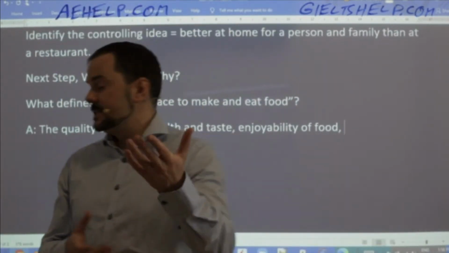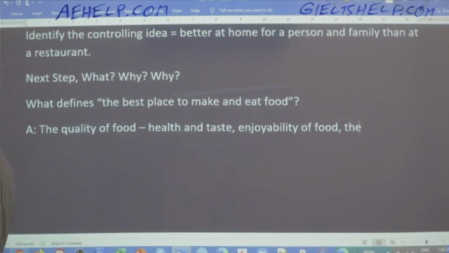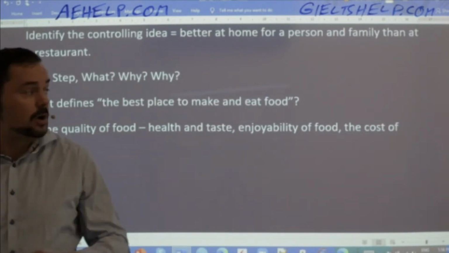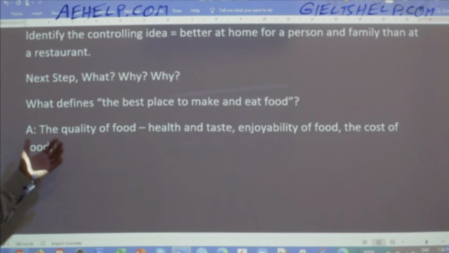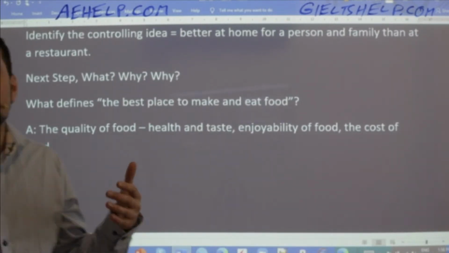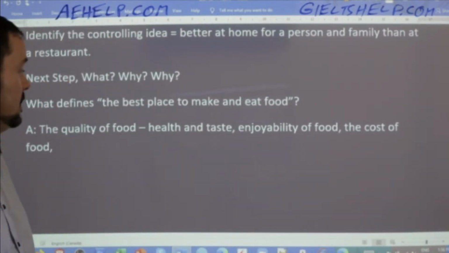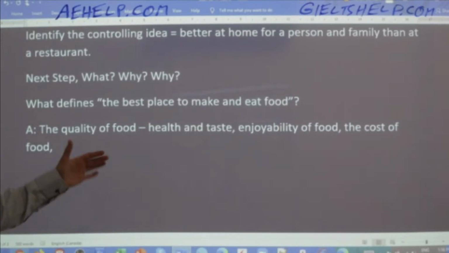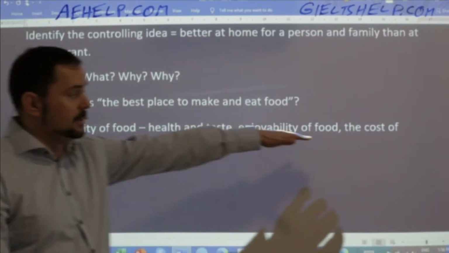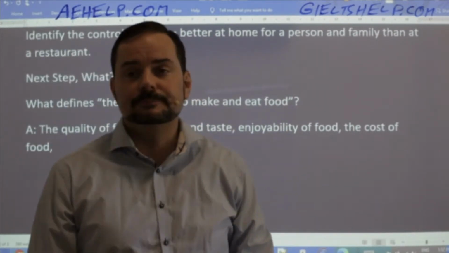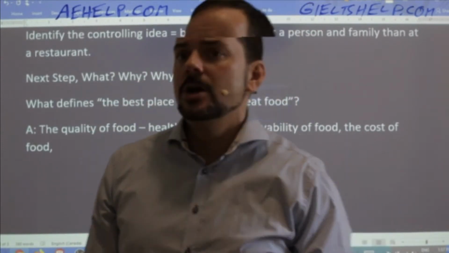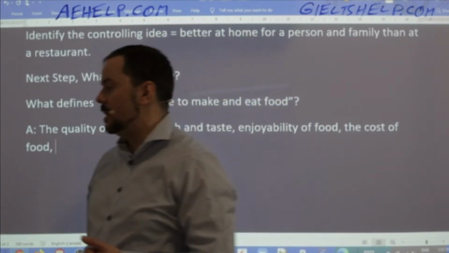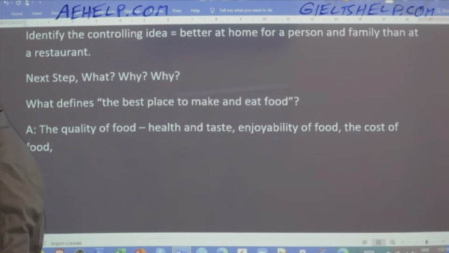And then Inaya says the cost of food defines it as well. And for some people, yes. For some people, cost might not be as important, right? So some people might say, well, it's not a big deal if it's expensive or cheap. I'm just more about health, taste, and enjoyability of the food. Okay? All right, good.